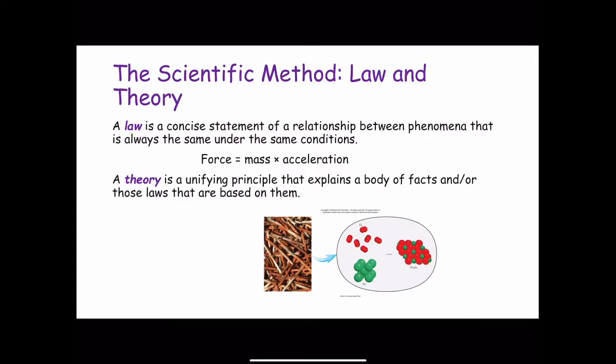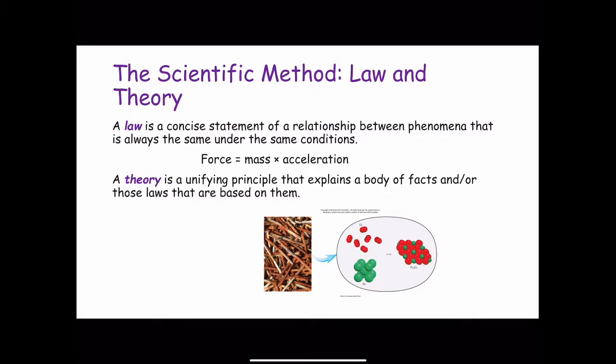After a large amount of data has been collected, it's often desirable to summarize the information in a concise way as a law. In science, a law is a concise verbal or mathematical statement of a relationship between phenomena that is always the same under the same conditions.